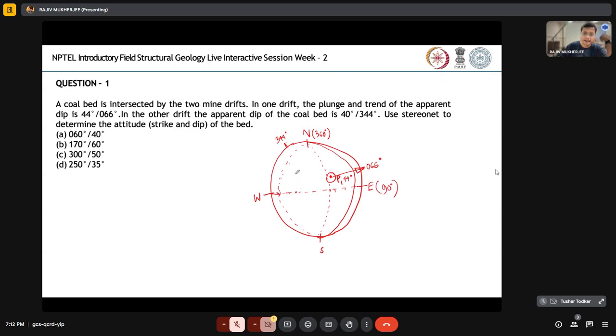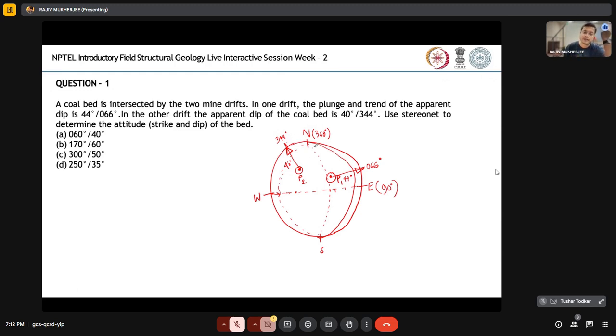And if I rotate that here, it will come right like this. So this will be P2, and this is 40 degrees and the apparent dip direction is 344.